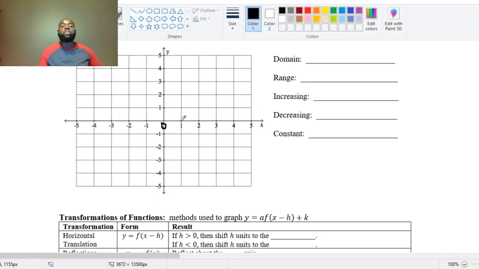Any number between 0 and 1, if we evaluate it in our greatest integer function, is going to have an output value of 0, right? So our function is constant between 0 and 1. And it equals 0 at 0.